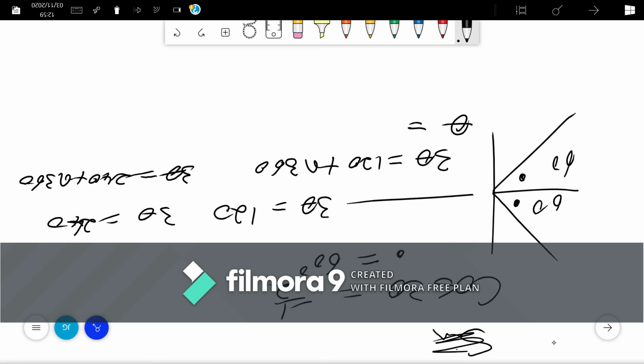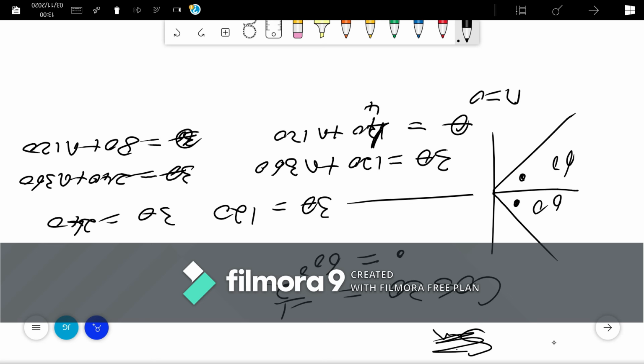And then I put n equals 0, so that gives me 40 and 80. Then n equals 1, so 120 and 40 is 160, and 120 and 80 is 200. And then n equals 2, so that's 240 and 280, and this is 240, that's 320.